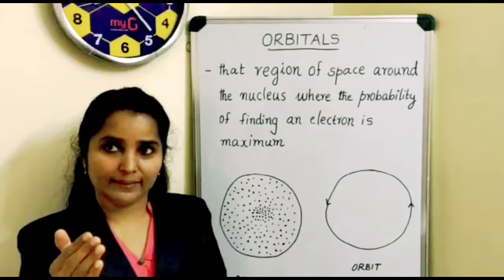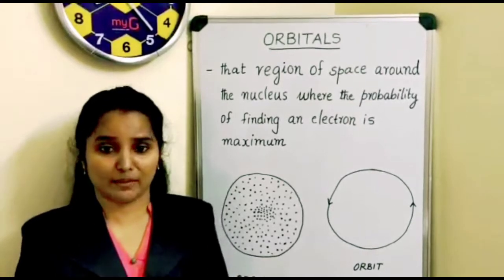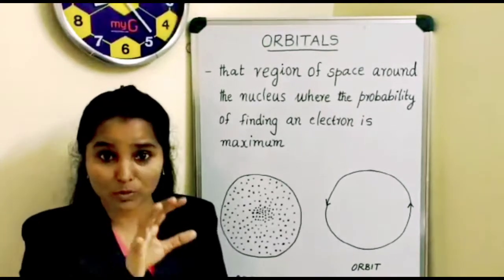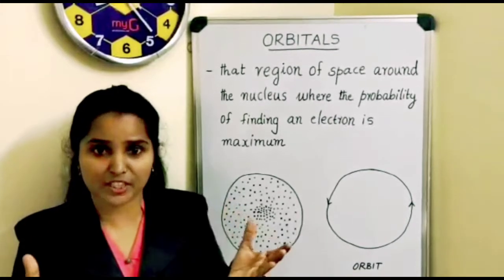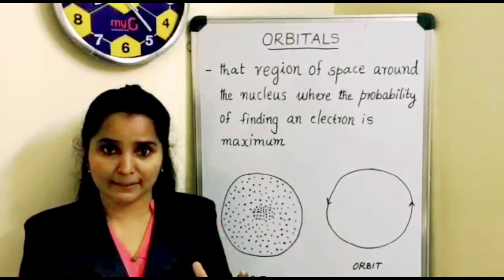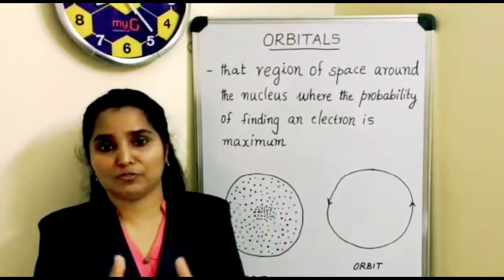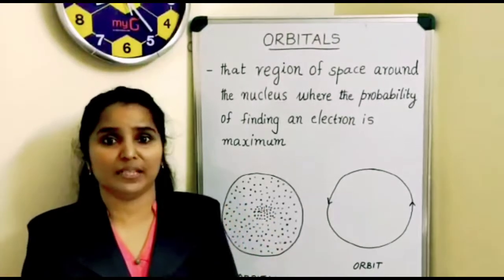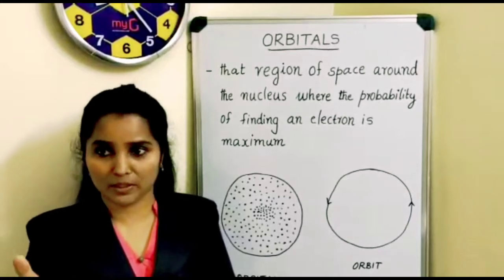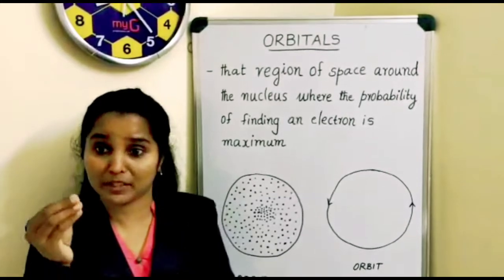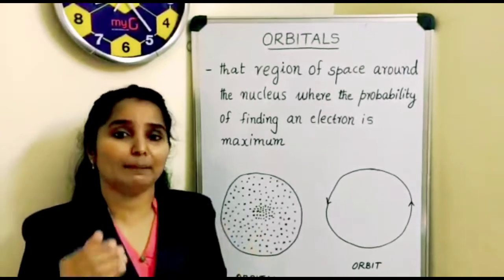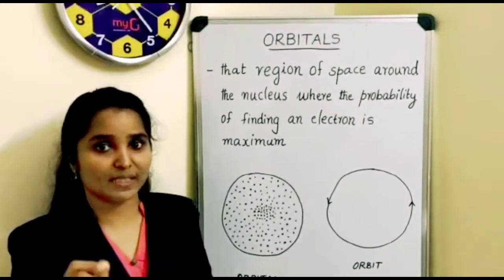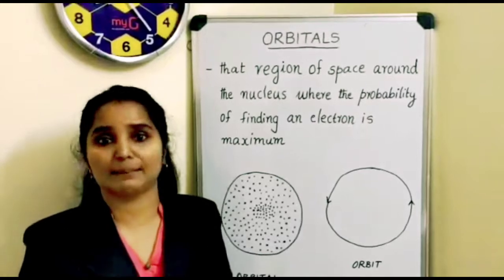Bohr's atom model could not explain the movement of electrons in that specified orbit, could not explain the wave nature of electrons, and how we can find the momentum and the position of a microscopic particle like an electron simultaneously. It is impossible. So it became a question about the existence of Bohr's atomic orbit.